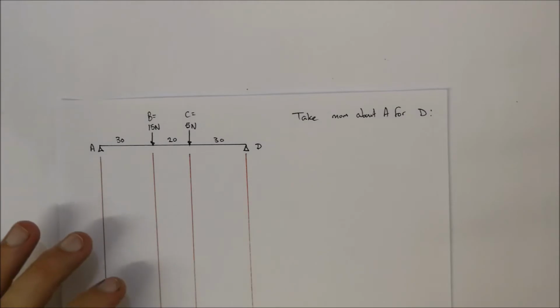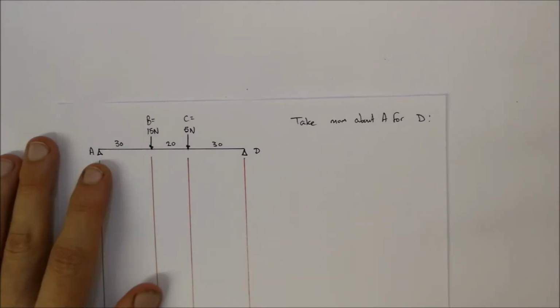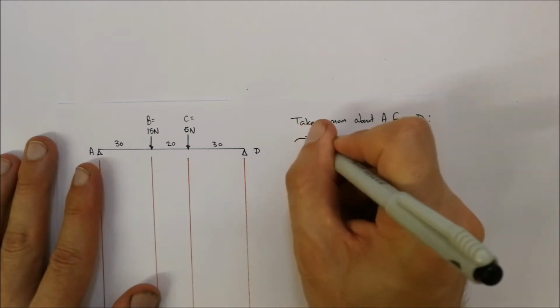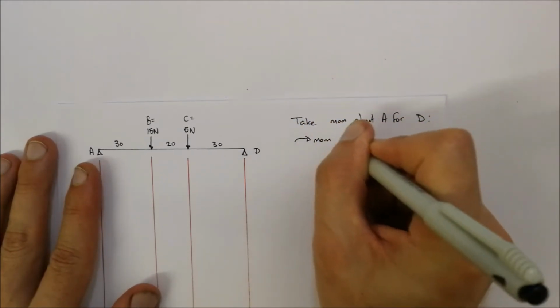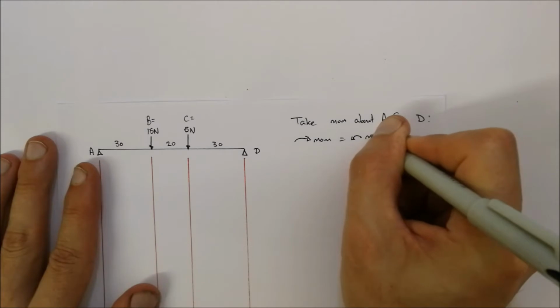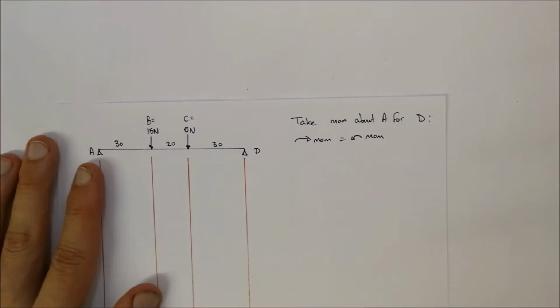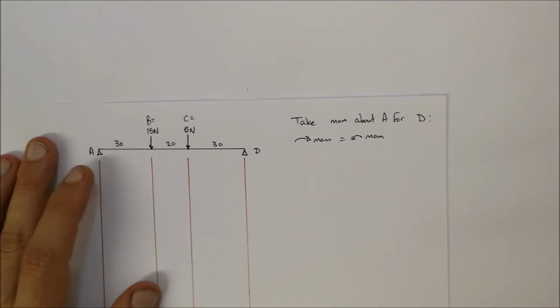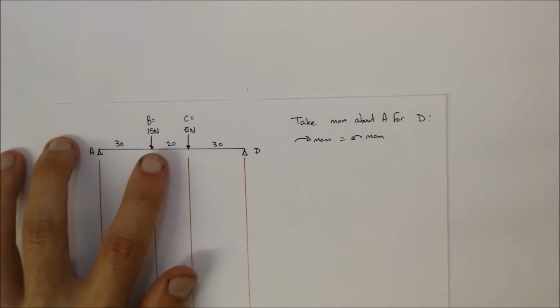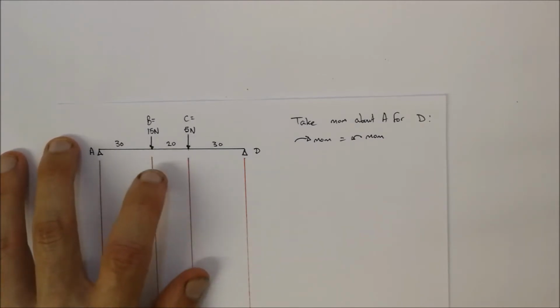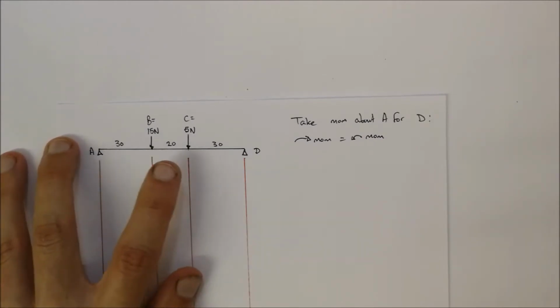So looking about point A, we're going to say clockwise moments is equal to anti-clockwise moments. First, we've got 50 newtons over there. Our forces are in newtons, so we don't need to multiply by 9.81.